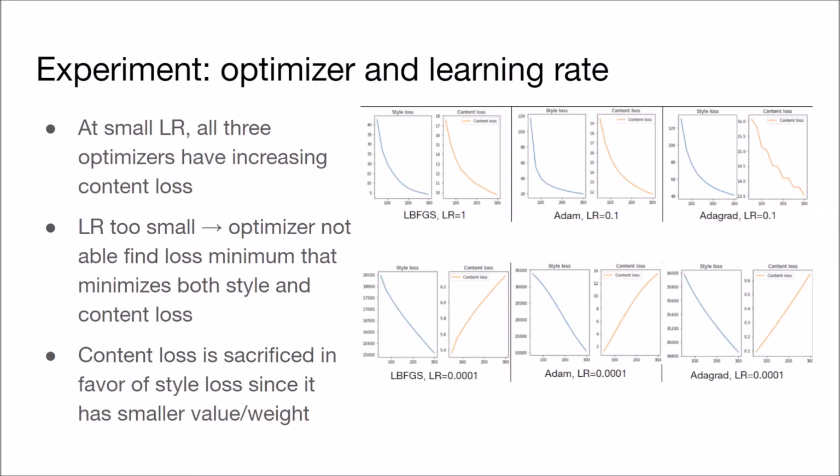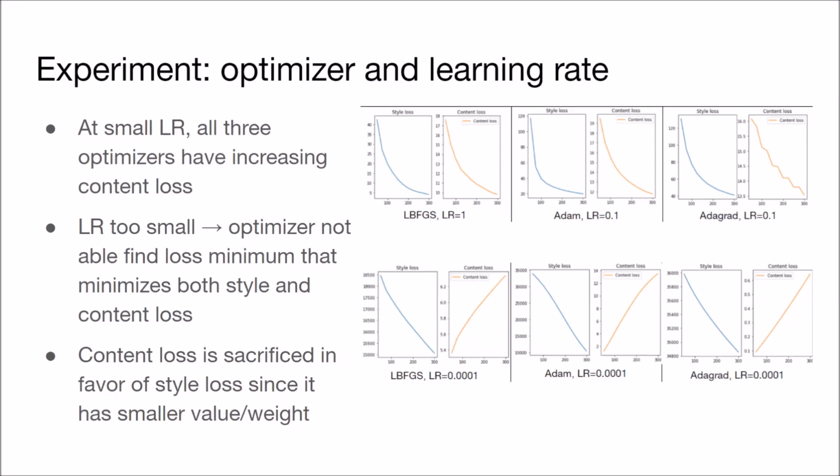Using the optimal learning rates for each optimizer, we look at the loss curves, and the behavior at very low learning rates is common across all three. The style loss is decreasing, but the content loss is increasing. And the reason for this is when the learning rate is so small, none of the optimizers are able to find a minimum that minimizes both the style and the content loss.